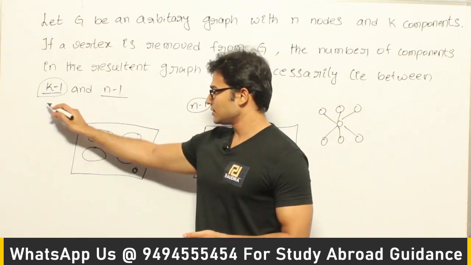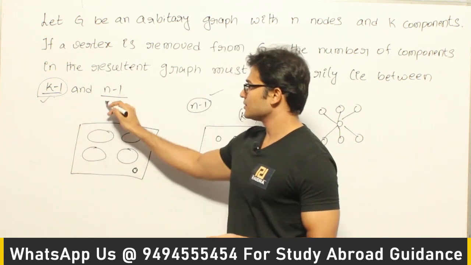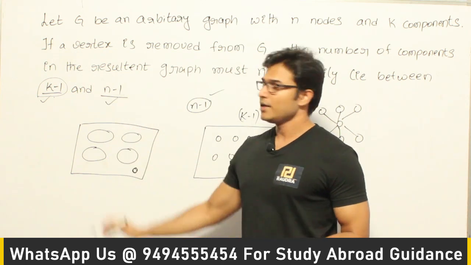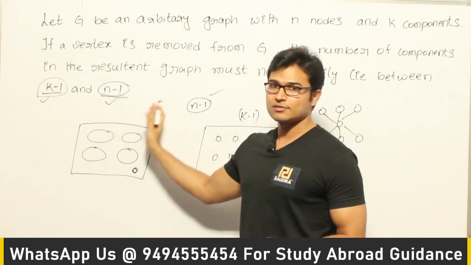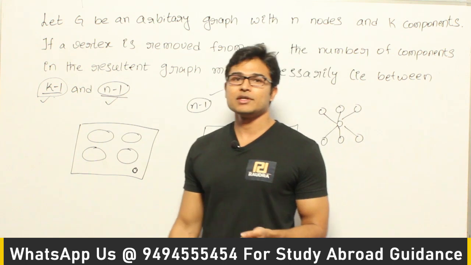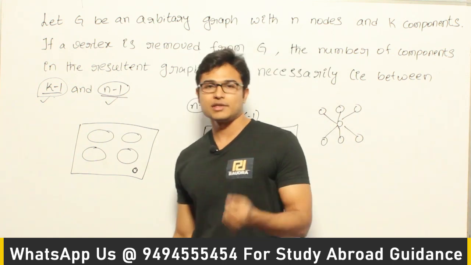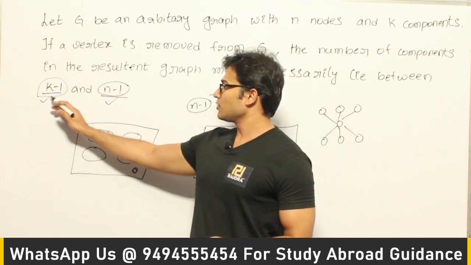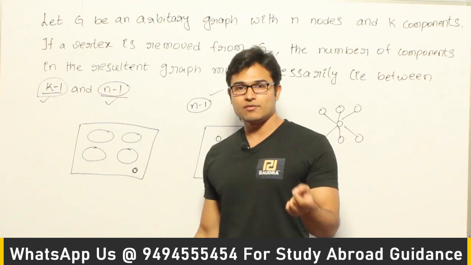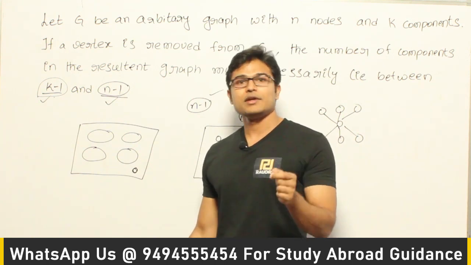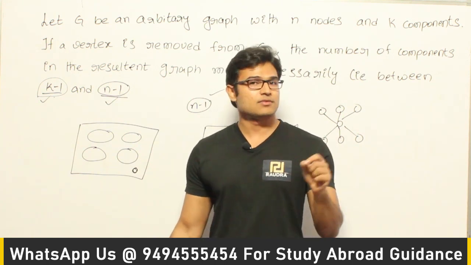Got it? This is the least number of components possible and this is the highest. Definitely you cannot go beyond this. Why? With only n minus 1 vertices, you cannot have more than n minus 1 components. And you cannot go lower than this. By deleting one vertex, you can only reduce the number of components by 1, in case it is an isolated one.